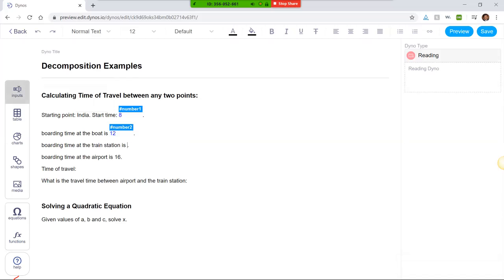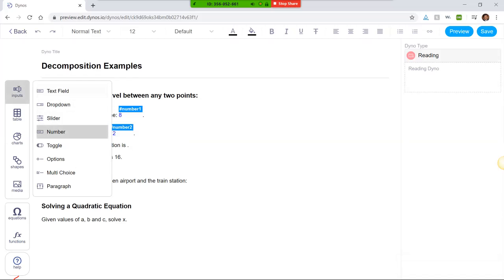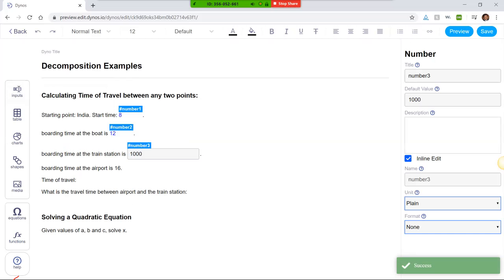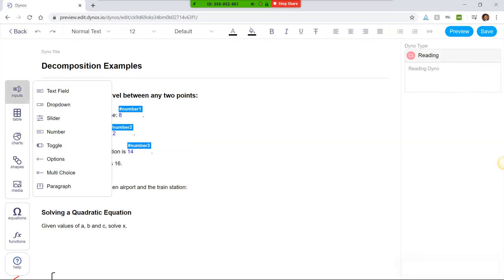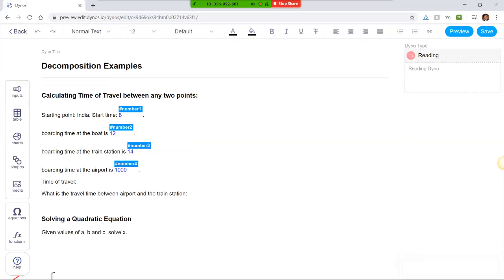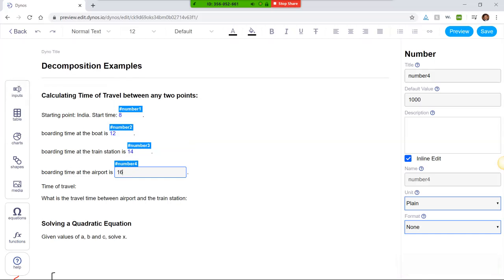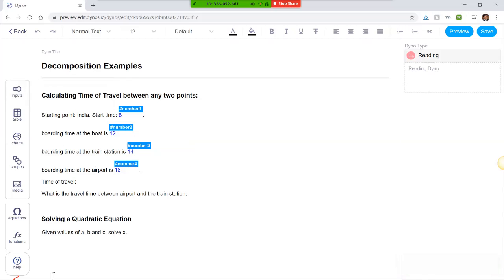And instead of 14, let's use another variable here. Let's use a number. And it was 14 here, right? And here, instead of 16, I'll say another number. It's 16 here, right? So the travel time between the airport and the train station, you said is 2. How did you get that?